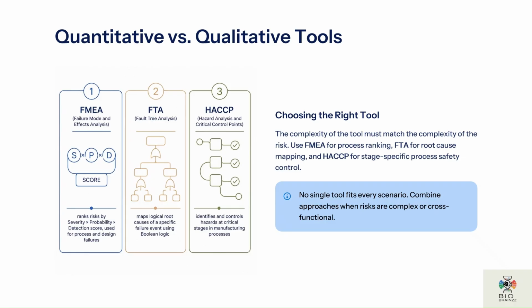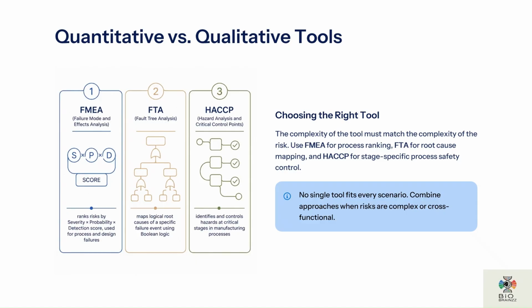FTA, Fault Tree Analysis. FTA works backward from a problem to identify possible root causes. It is useful when investigating complex failures. HACCP, Hazard Analysis and Critical Control Points.